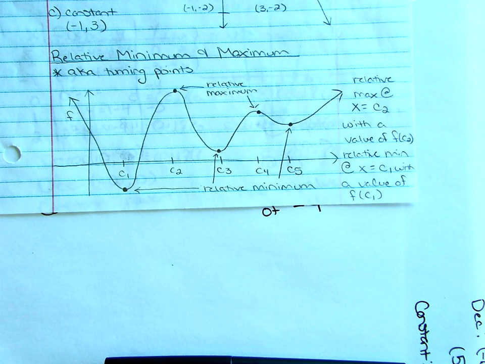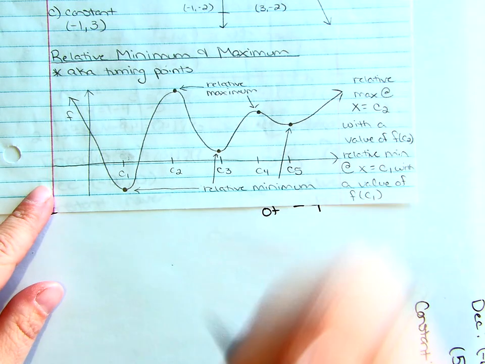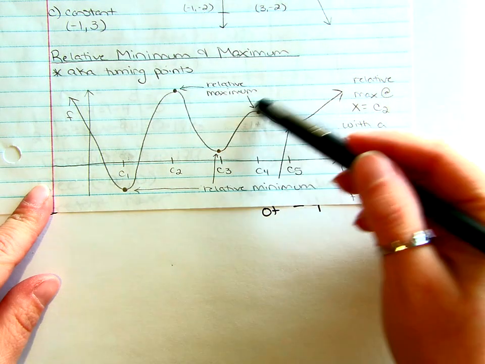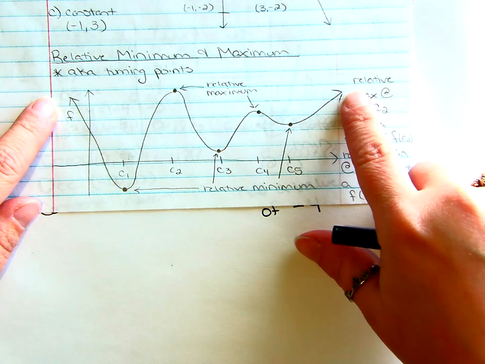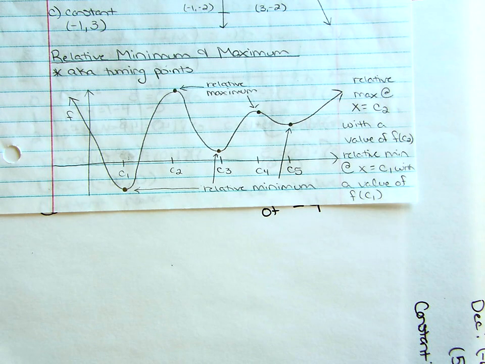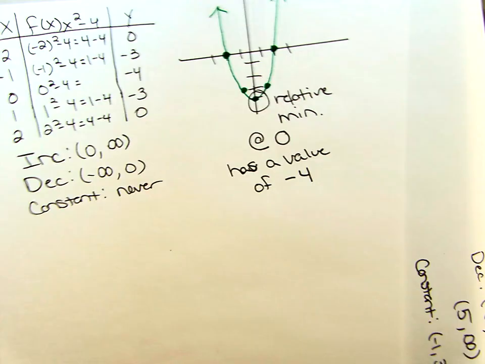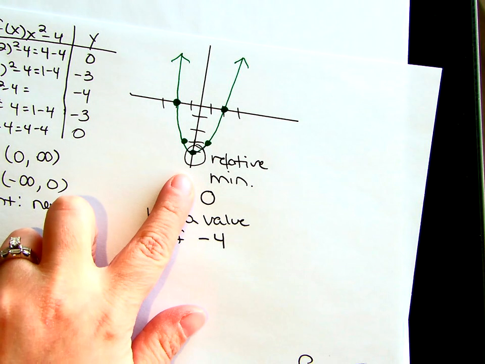And when we start talking about a graph like this that has a lot of relative mins and maxes, we can't talk about even an absolute maximum if we're thinking about the endpoints because it goes on forever. And so we keep it as a relative min because we're just talking about that one section. But you are correct. In this graph, the relative min would be the absolute as well.